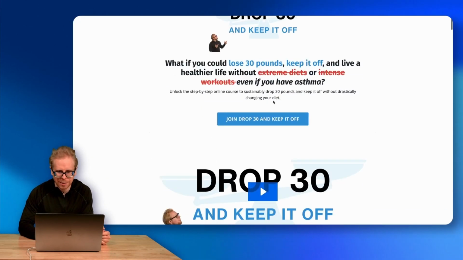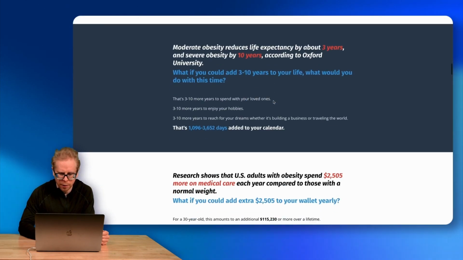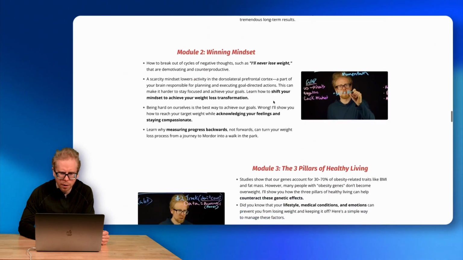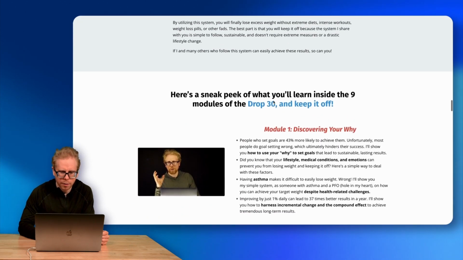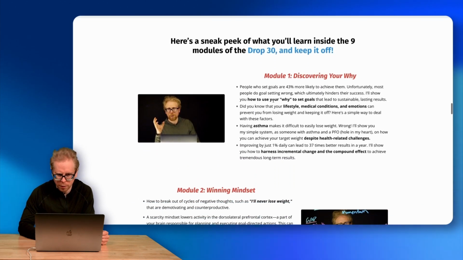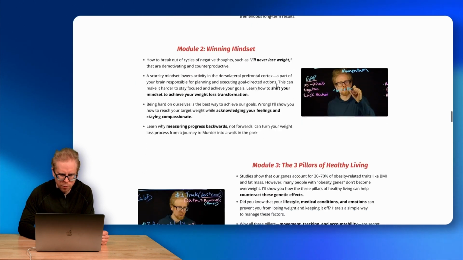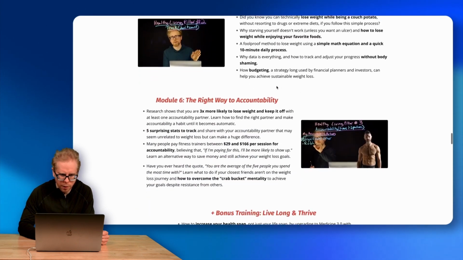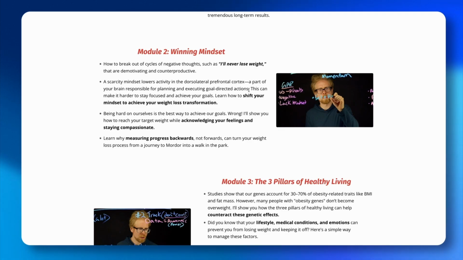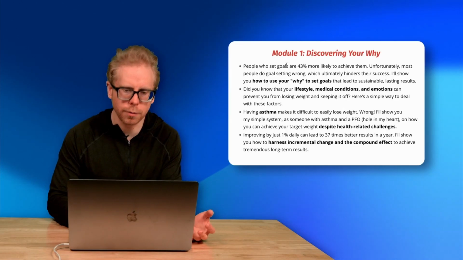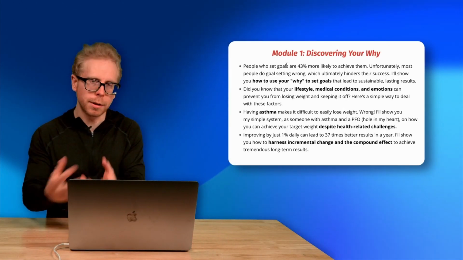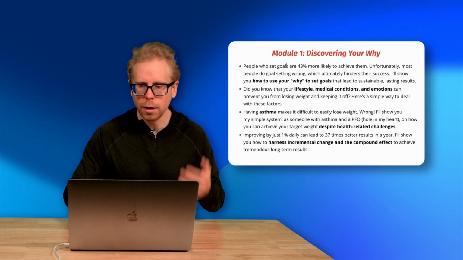So using this example, drop 30 and keep it off, I have this course broken into 1, 2, 3, 4, 5, 6. Now this is a shorter course, so what I've actually done is each module is a milestone. Okay, so module 1, discover your why.